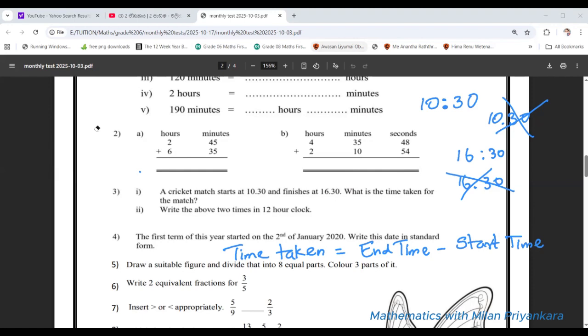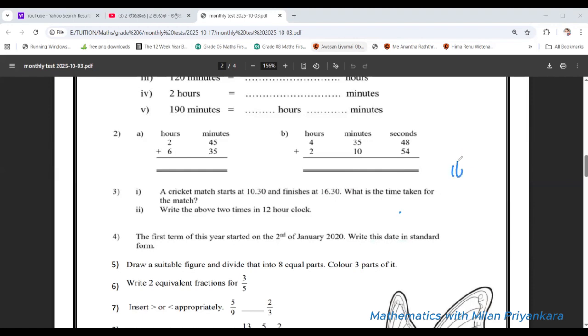Okay, now what is this end time? 16:30. Let's write hours here, and minutes here. This is 10 and 30. Now we subtract this. 30 minus 30 is 0. 16 minus 10 is 6. Now your time should be 6 hours only, right? For this match, 6 hours of time has been taken, right?